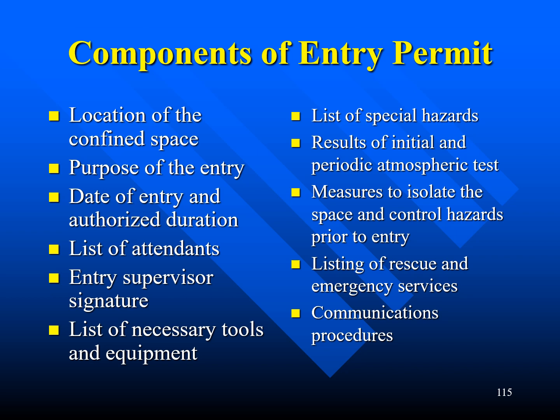It would list all special hazards, the results of initial and periodic atmospheric tests, measures to isolate the space and control the hazards prior to entry. It would list the rescue and emergency services that were present on scene, and it would also list the communications procedures. All of these that you see in front of you here are components of a confined space entry permit.